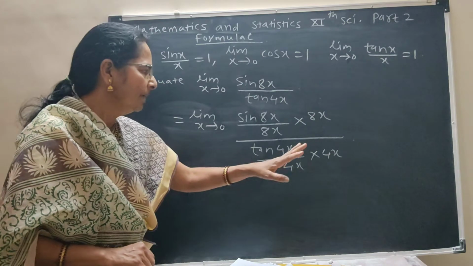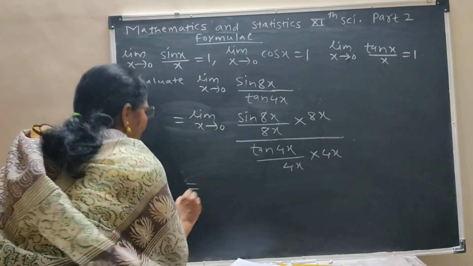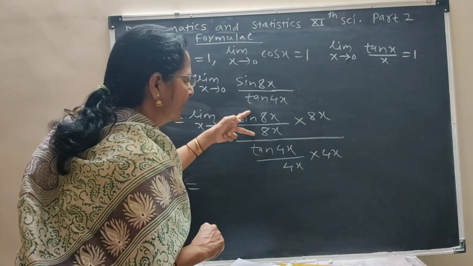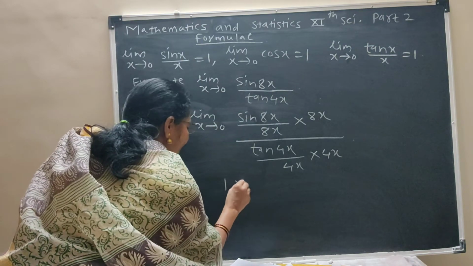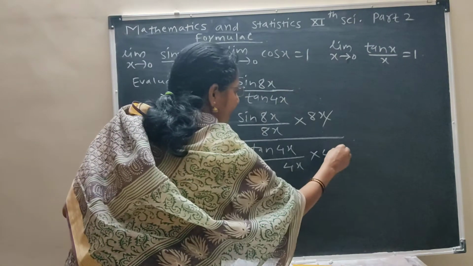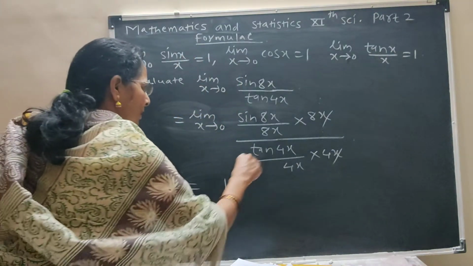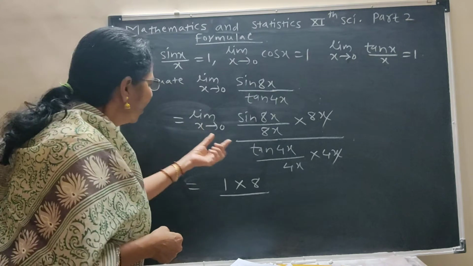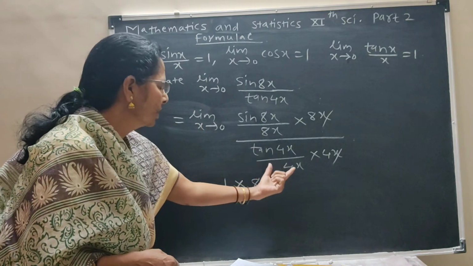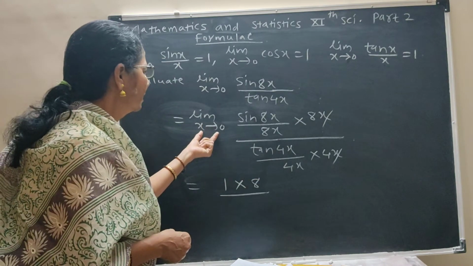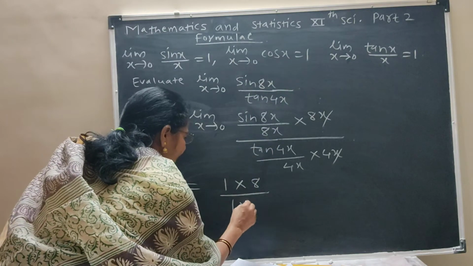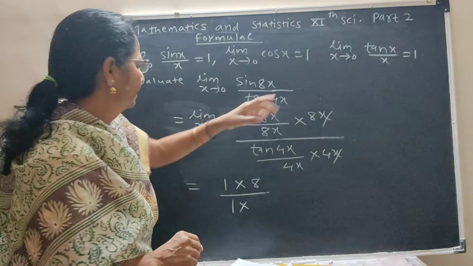Now at this limit, the value of sin 8x upon 8x is 1. Now x gets cancelled, so at the numerator there is 8. The value of tan 4x upon 4x at limit x tends to 0 is 1, according to the formula tan x upon x is 1.